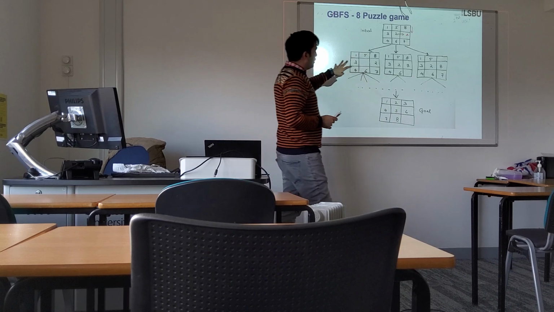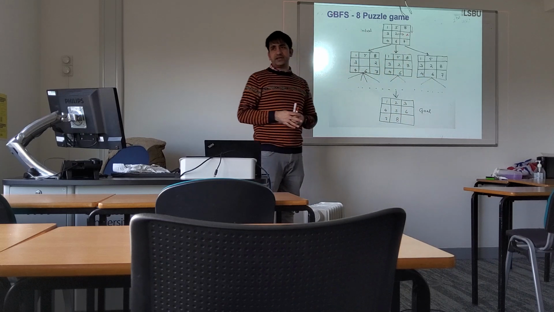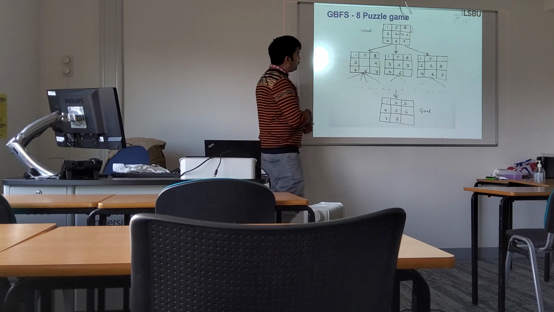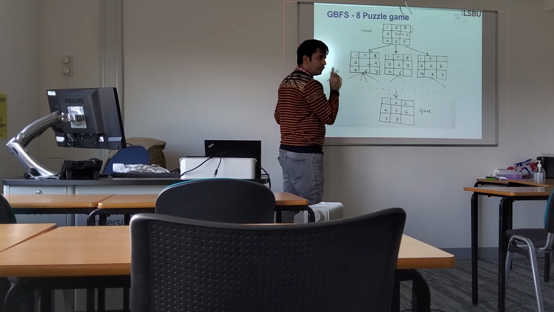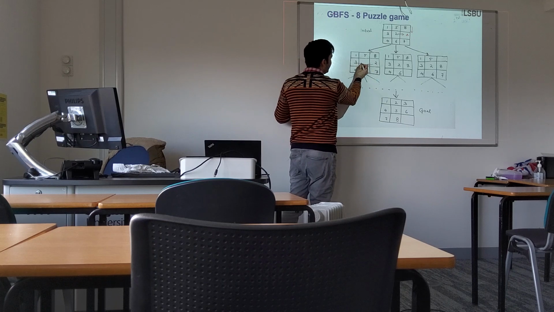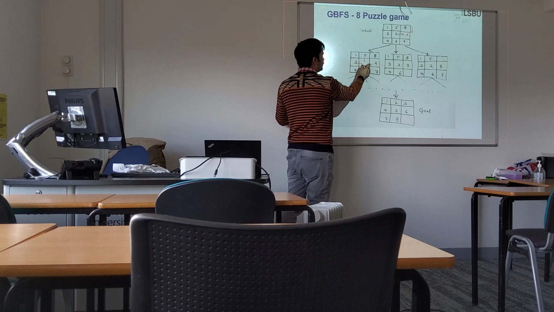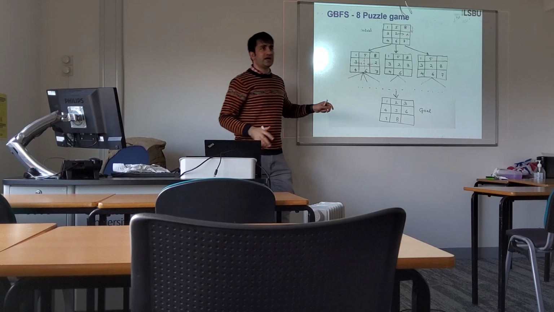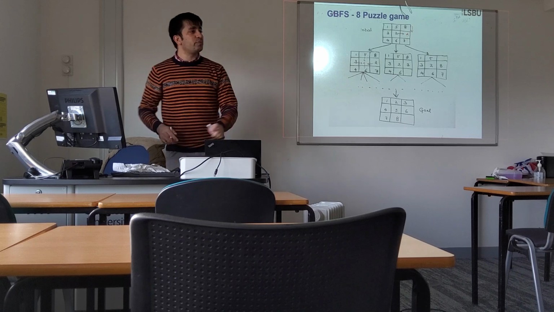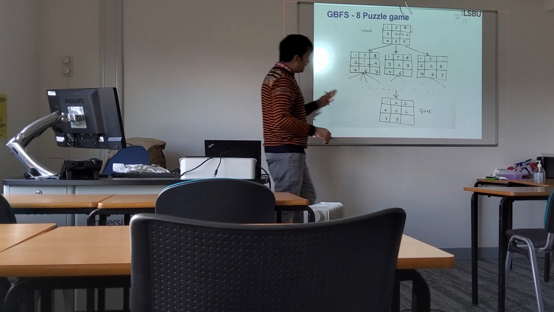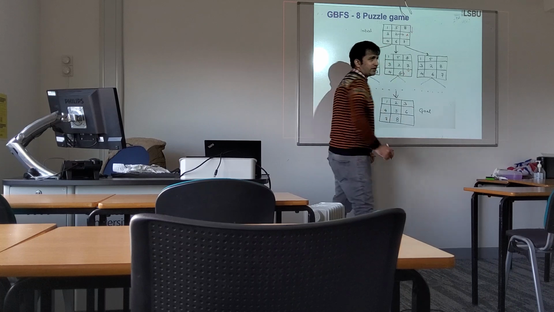If I look further at them, from here I can see that 2 can move here, 3 can move here, another move, 5 can move here, another move, 6 can move, another. So from this point, we have 4 possibilities. Similarly, if I come here, 6 can go here or 7 can go here.